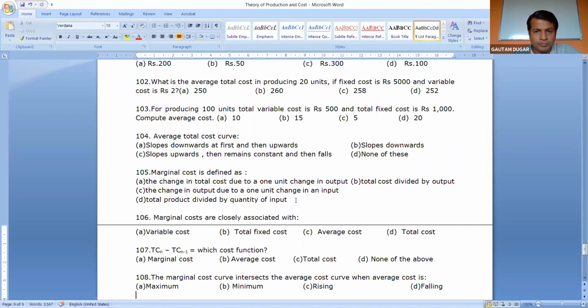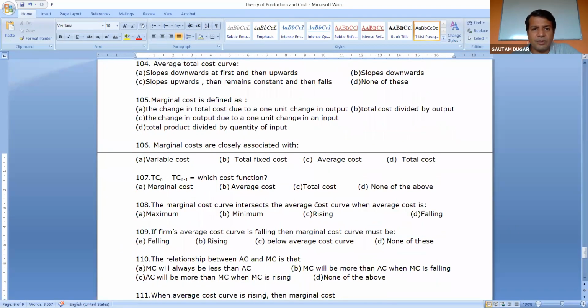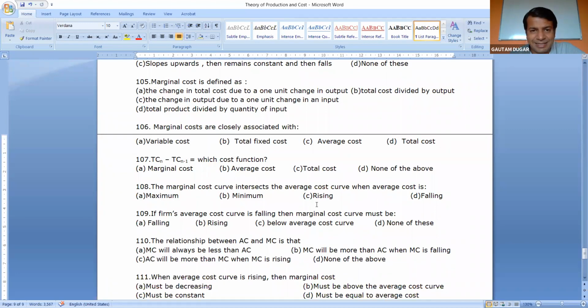Option A. Next, now comes a very important question, a tricky one rather. 106. Marginal costs are closely associated with variable cost, not average cost, it's variable cost. Marginal cost consists only of the difference of variable cost.